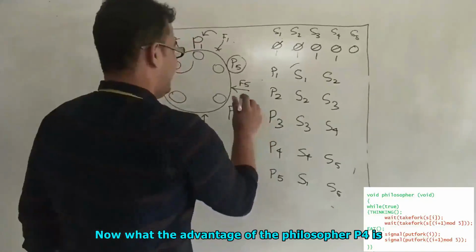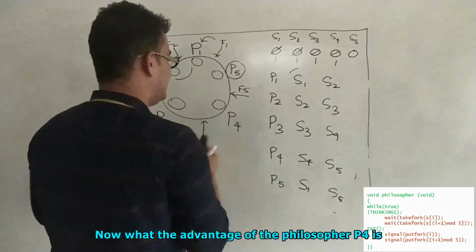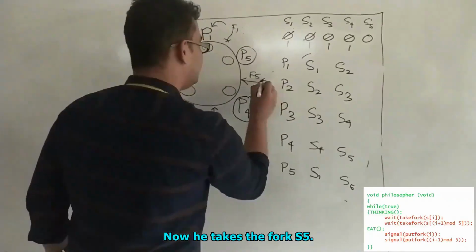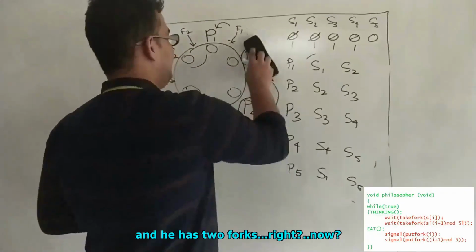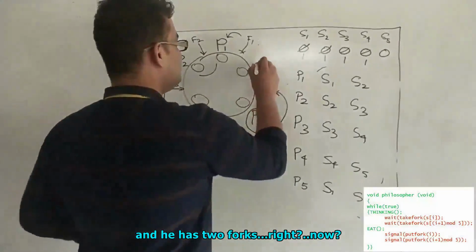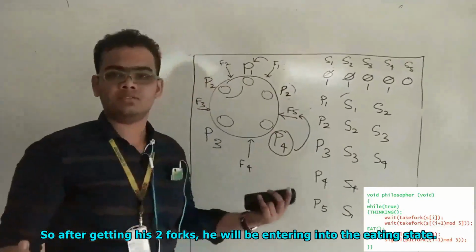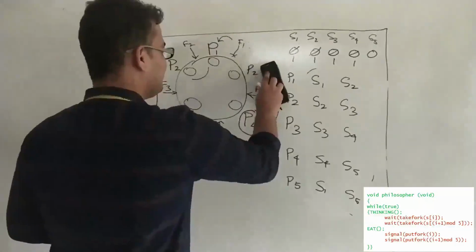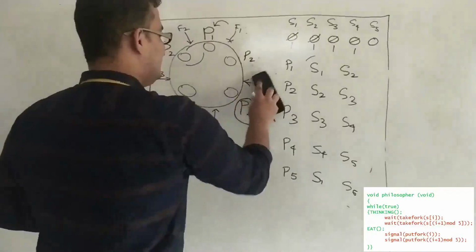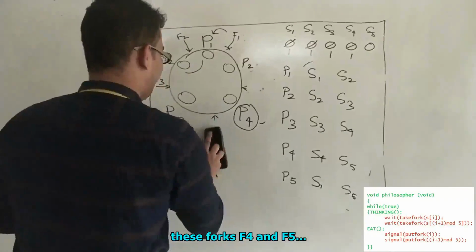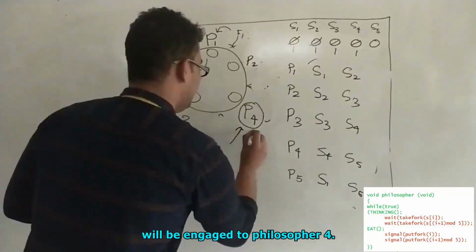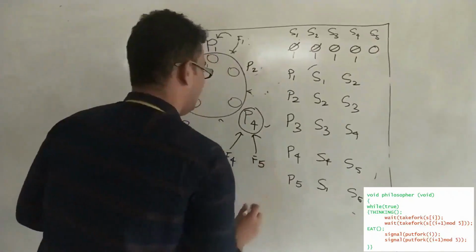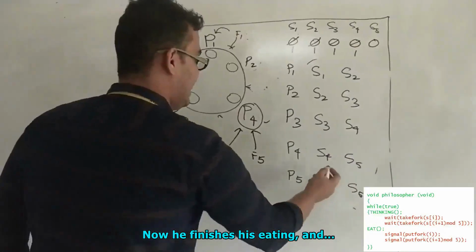Now, the advantage for philosopher P4 is that he takes the fork F5 and has two forks right now. So, after getting his two forks, he enters the eating state. Now, these forks F4 and F5 are engaged by philosopher 4.